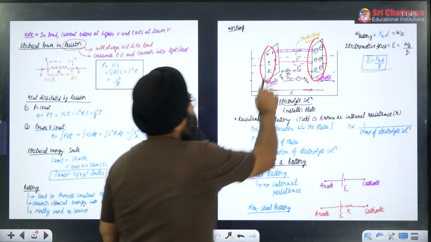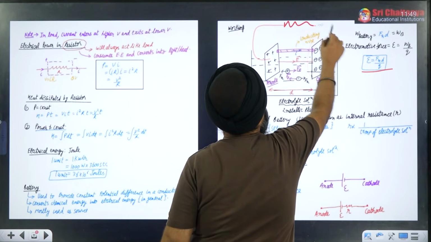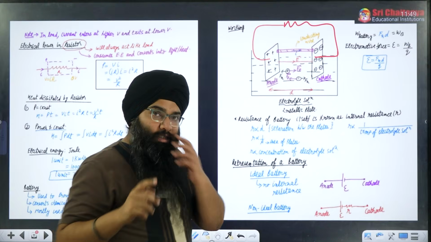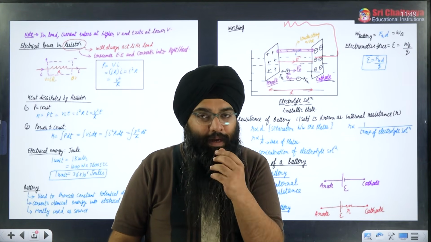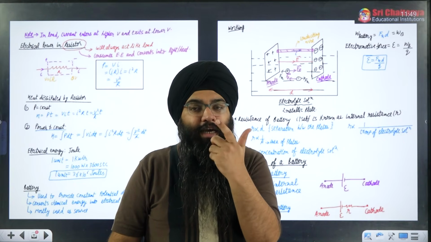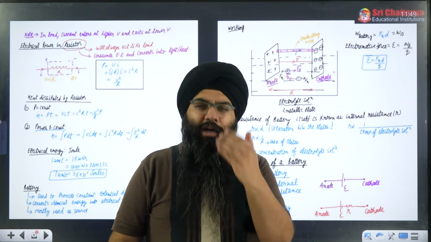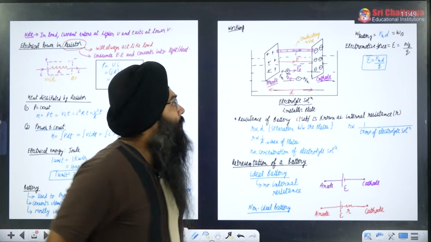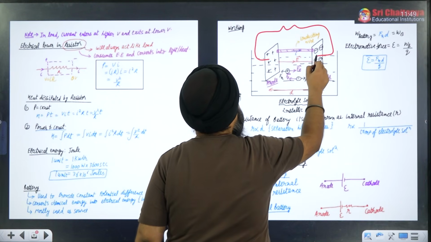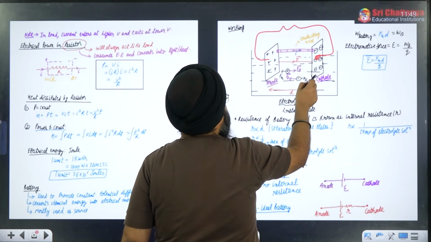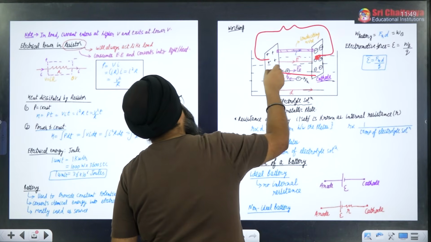One more thing: when you connect the terminals of the battery with some resistor, the voltage across the terminals of the battery will reduce somewhat. Why? Because outside the battery the current flows from higher potential to lower potential, but inside the battery the charges flow from lower potential to higher potential.